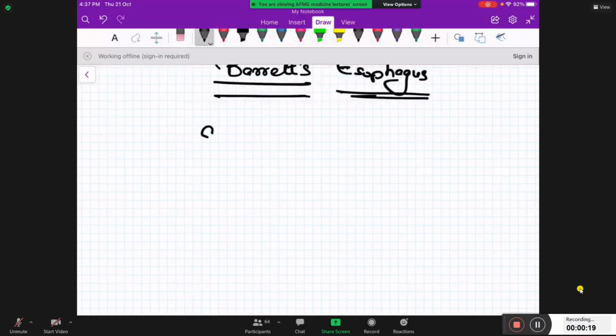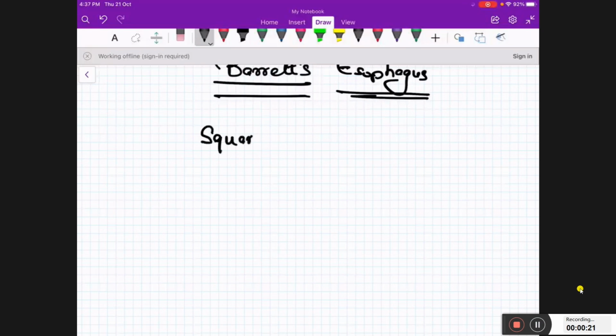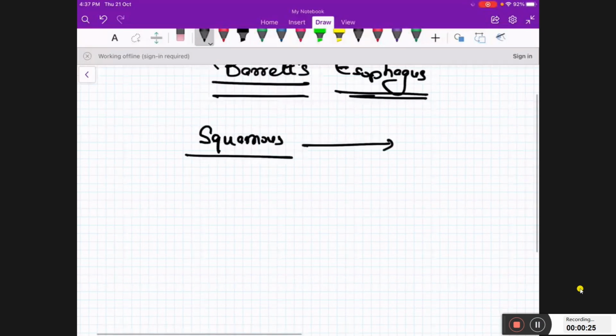Barrett's esophagus is when the squamous lining of the esophagus undergoes metaplasia to columnar lining.